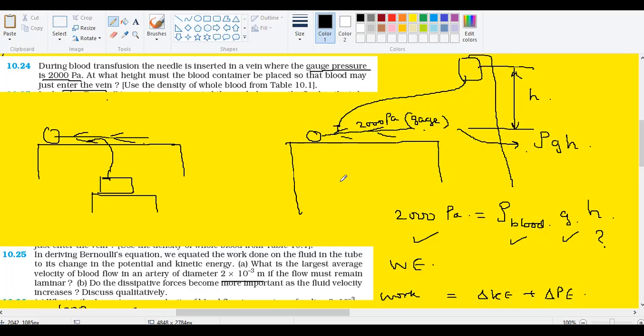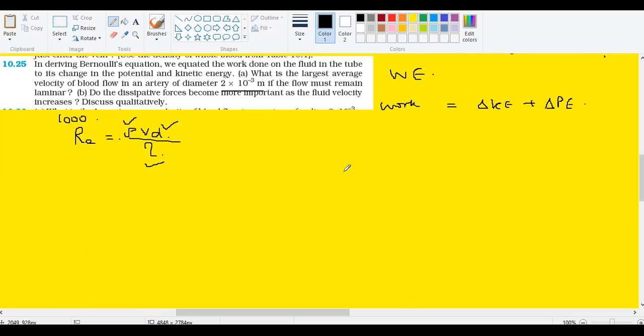That's 10.1, it's there on page number 251, the very first table. So there, for whole blood, it is 1.06 × 10^3 kg per meter cubed, which means it's almost like water but slightly heavier than water, right? That's your blood. So multiplication and division, that's your department. I'm not going to do it.